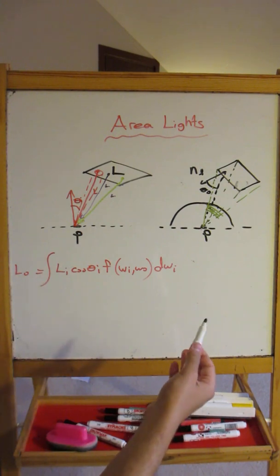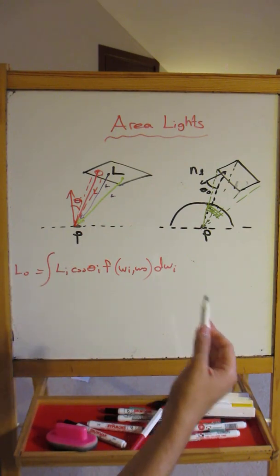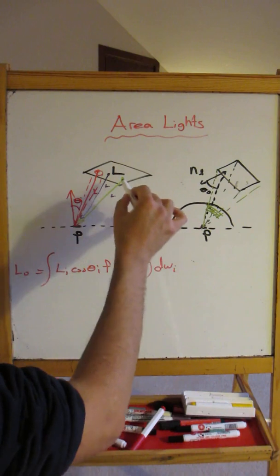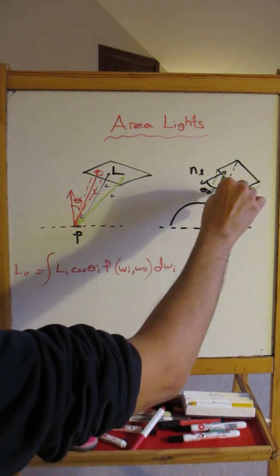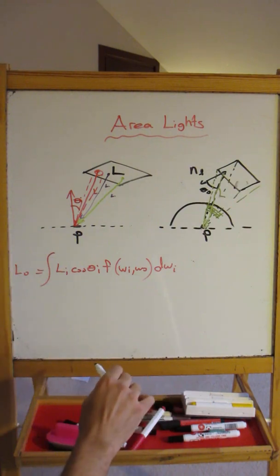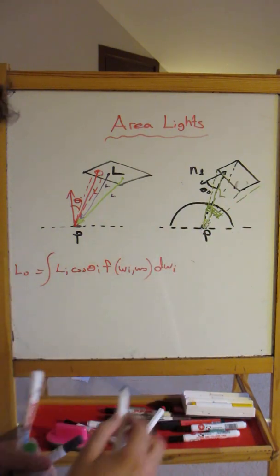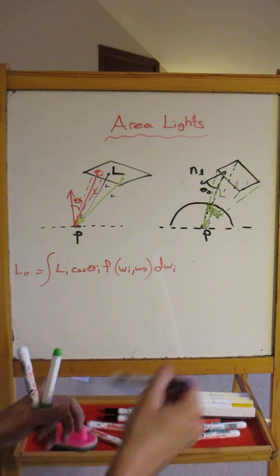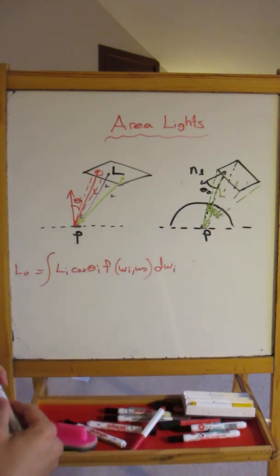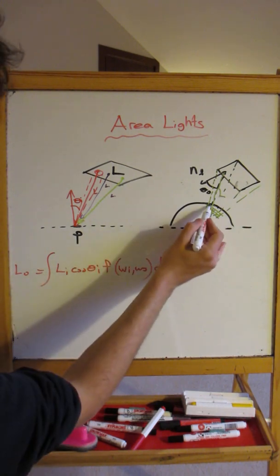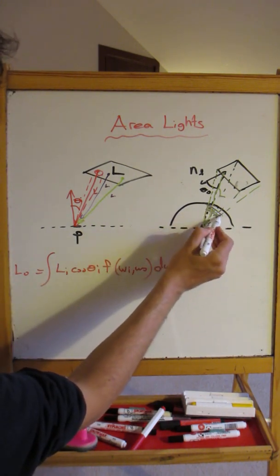This is important because we say that the light that comes from this ray here is L, right? We said this is equal to L. But how many of these do we have? How many of these rays, or what is the total coverage of these rays? The total coverage is actually the size of this area here.